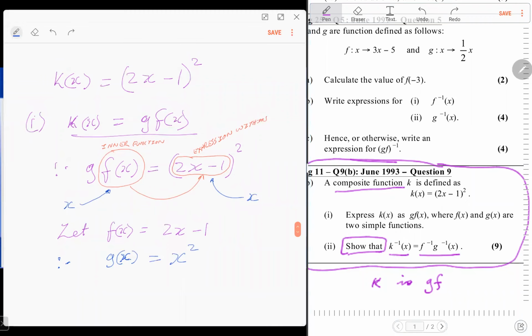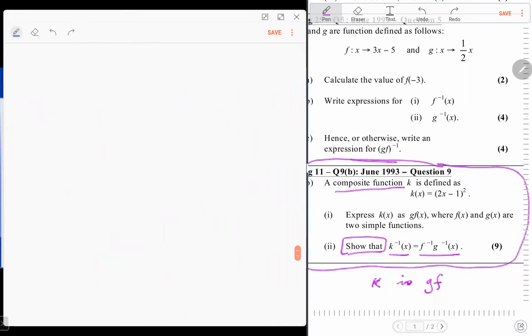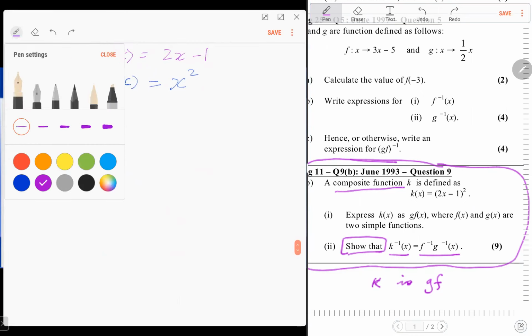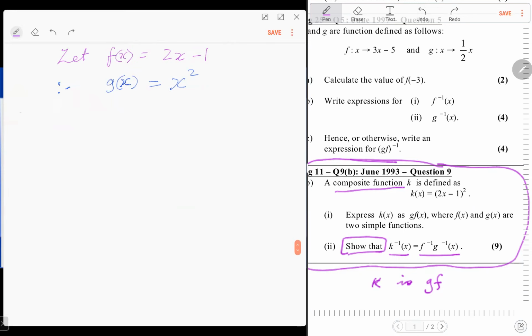All right, so let us work it over here. We're going to start with what we have, which are those two functions. Let me rewrite them for the next part. So for part two, what we have is f equals 2x minus 1. We're leaving out the of x for the time being. And we have g equals x squared. All right, we're just trying to simplify it.